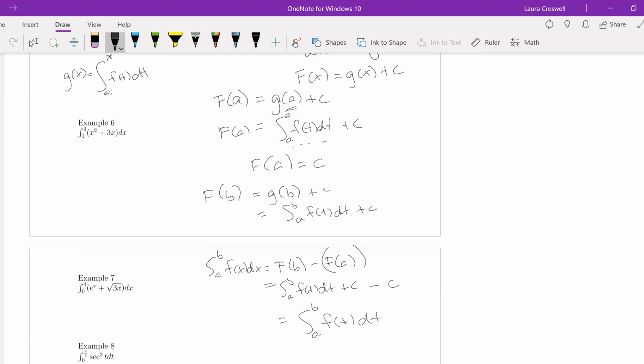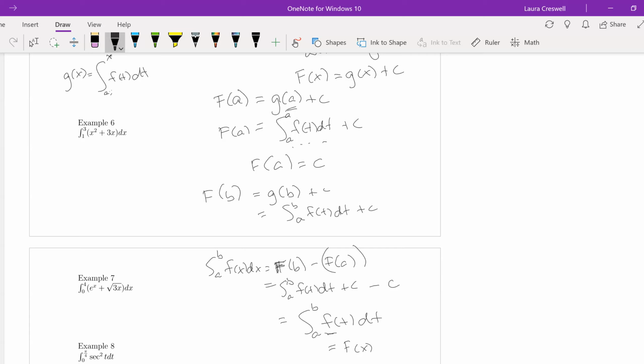Okay, so what that's giving me is that this integral from a to b of f of t dt is equal to the antiderivative, right, with b plugged in and with a plugged in. So I take what the antiderivative is. So this is the new notation I want you to get used to.